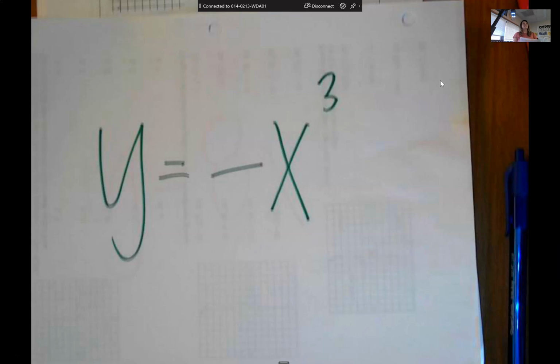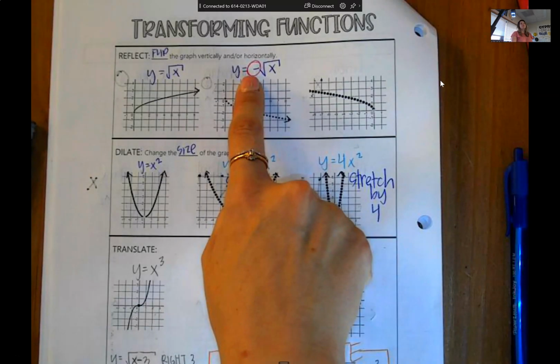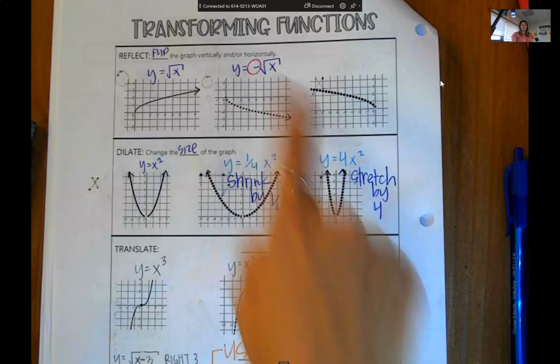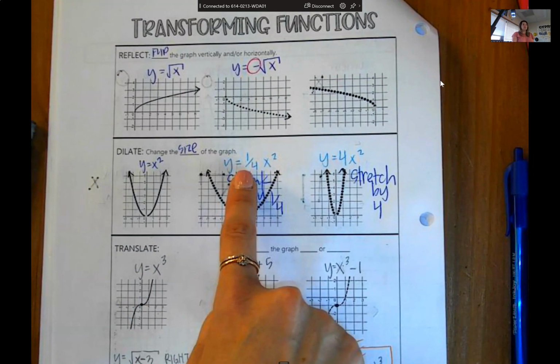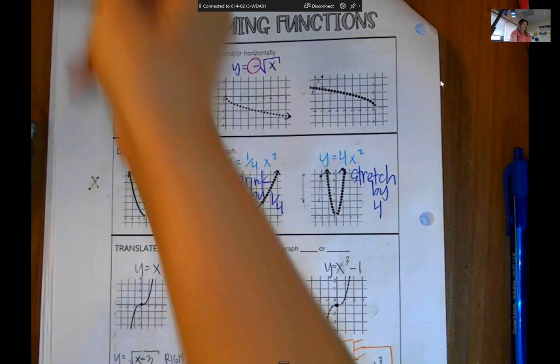We reflected it. If there is a negative on the front, right here, that means you reflected. A negative does not mean shrink. Shrink is a fraction. It has nothing to do with a negative. See, this is what happened on my A days.